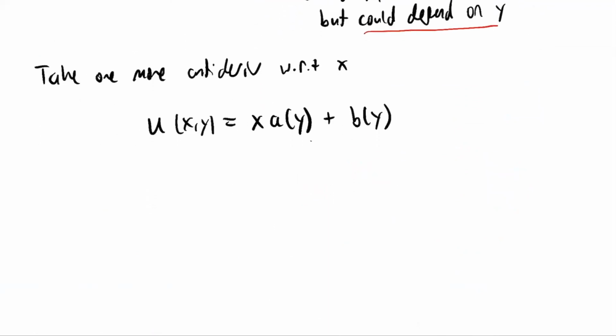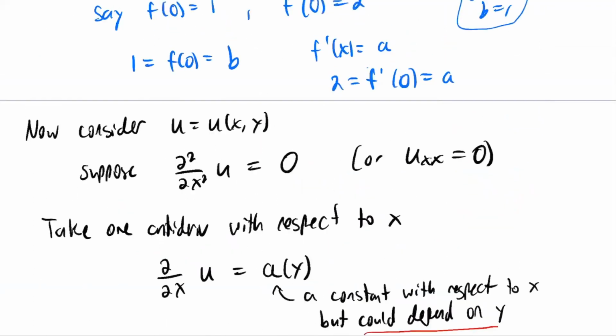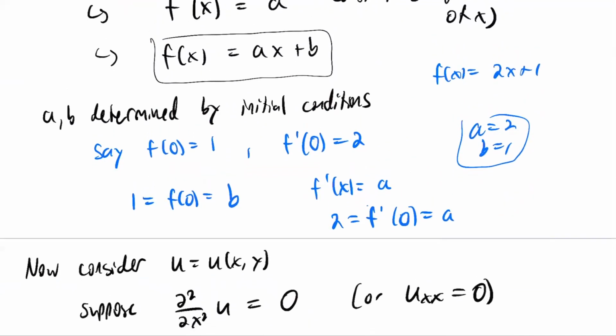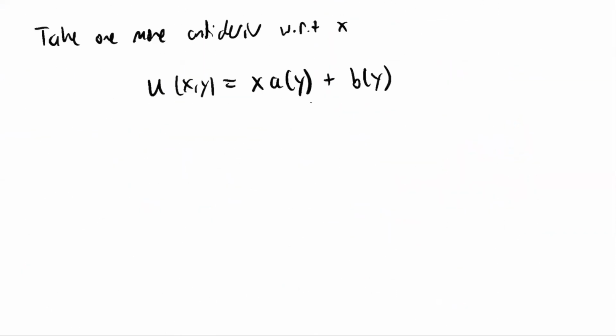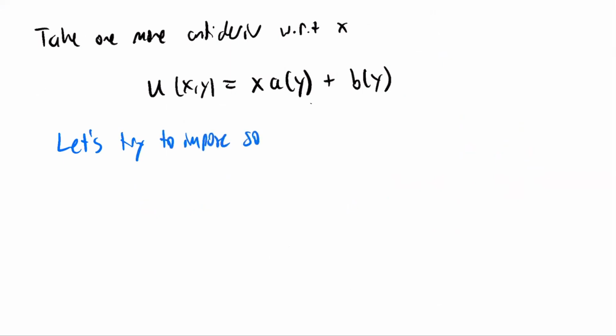Right, and so for example, we saw before that in order to have something that's not an abstract solution with extra letters involved, you need to specify certain initial conditions, right? And so let's try to impose some initial conditions and solve.